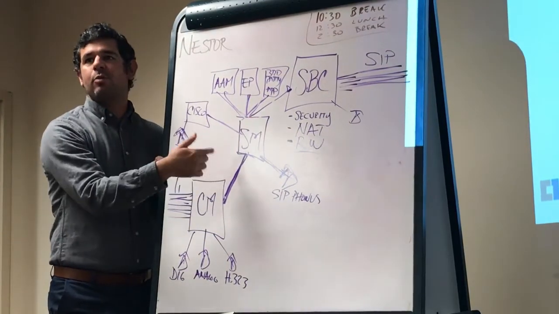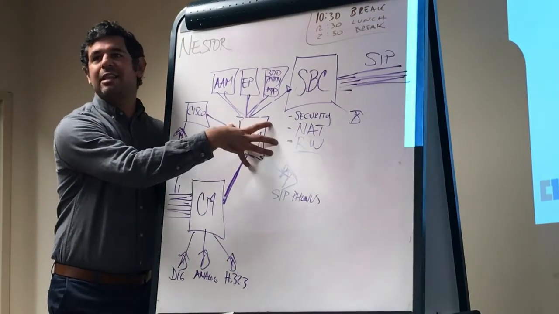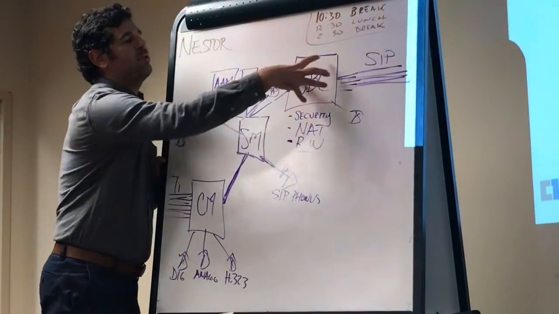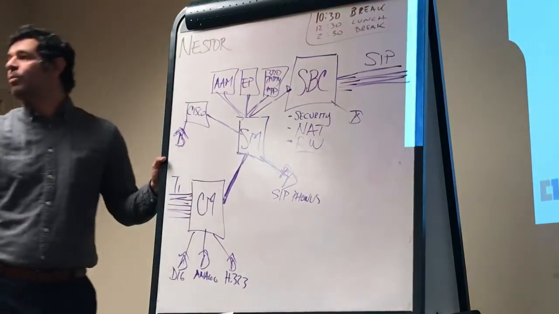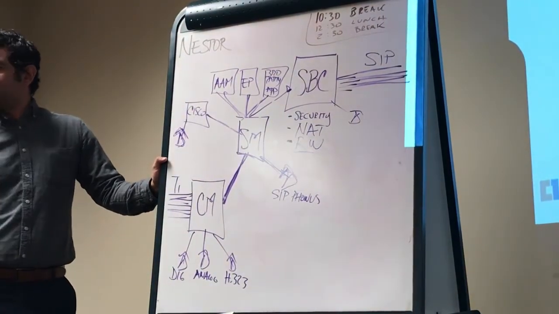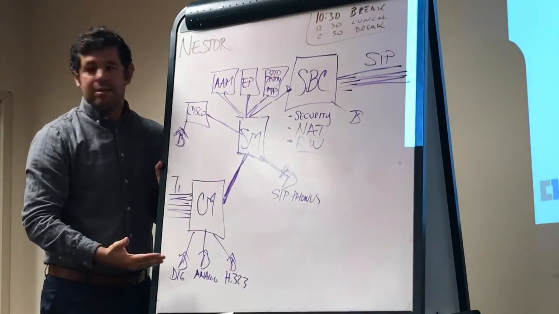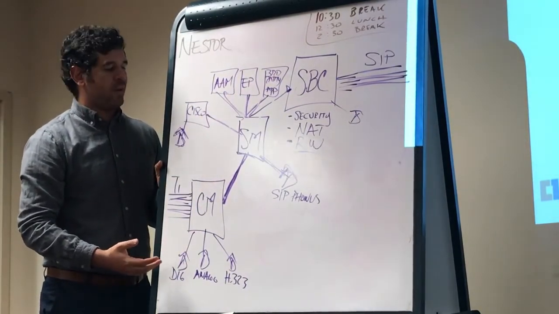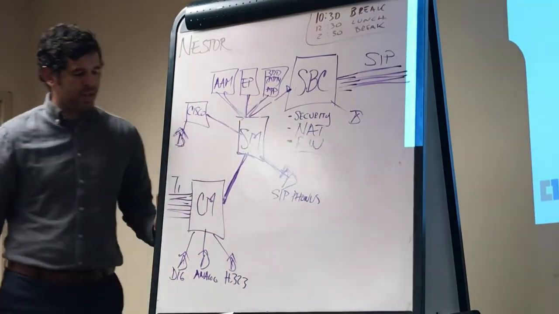So that's why you end up with more than one Session Manager. And if you have survivability in Session Manager, it only makes sense to have survivability on the SBC. That's why you probably end up with more than one SBC, because now all of those servers are in your call path.